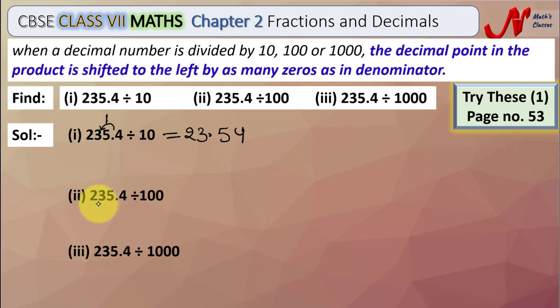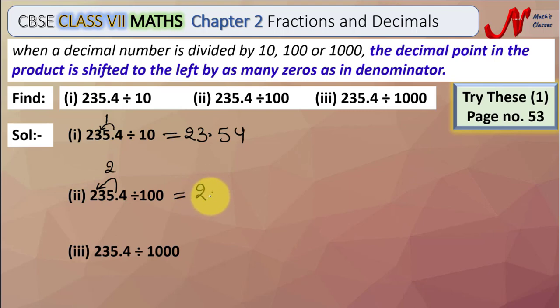Now second one, 235.4 divided by 100 means in denominator we have 2 zeros, so we shift the decimal point 2 places to left side.